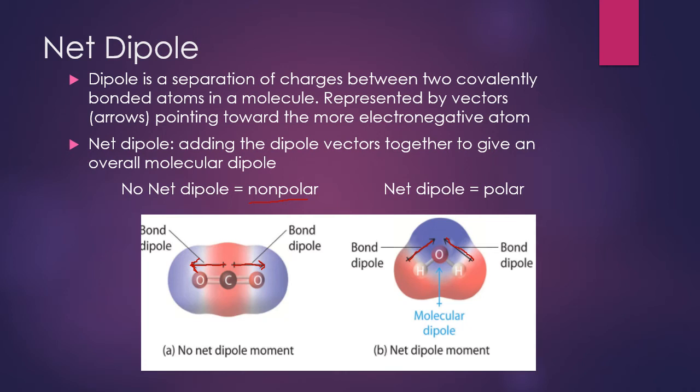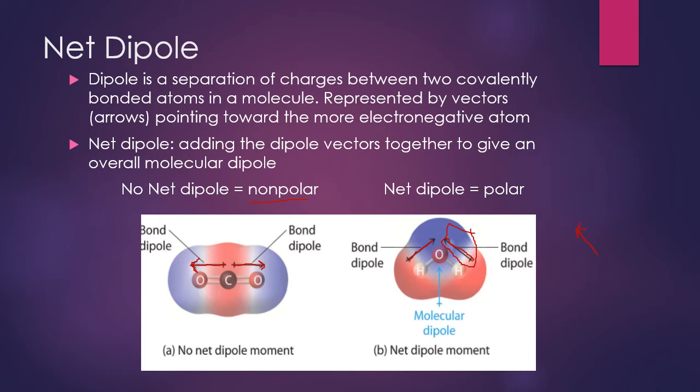So since it has a bent shape, now the vectors don't cancel each other out. So imagine picking up these arrows and adding them from head to tail. So I'm going to take this first arrow that goes in this direction. Okay, so that's this arrow here. Then I'm going to pick up the other arrow and add it to this one.